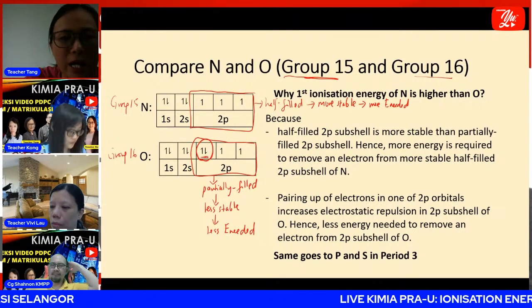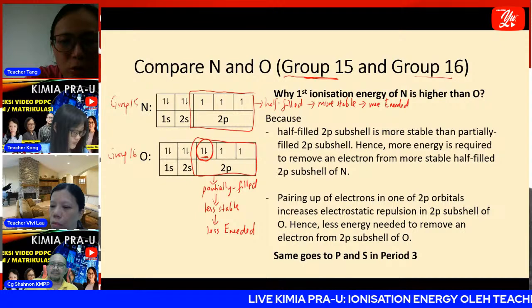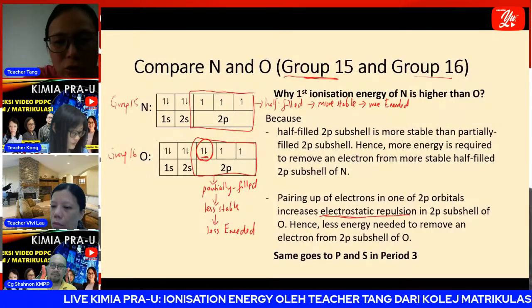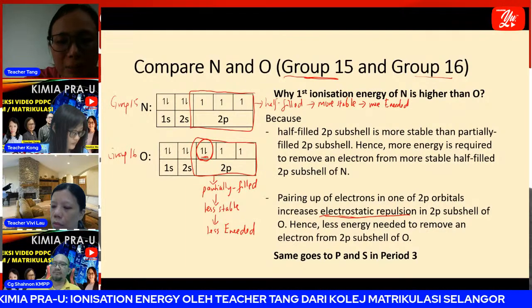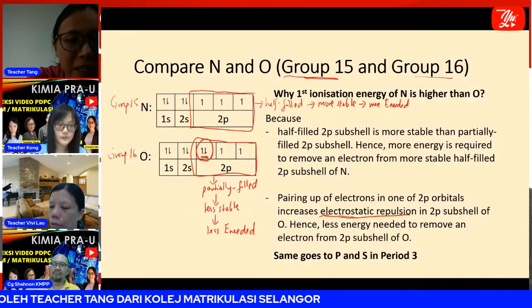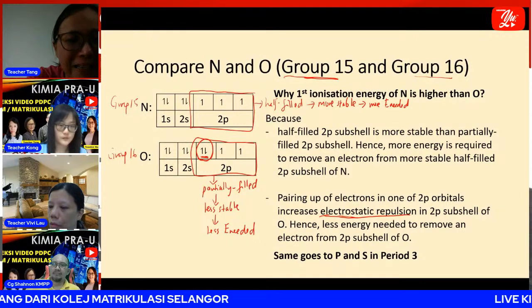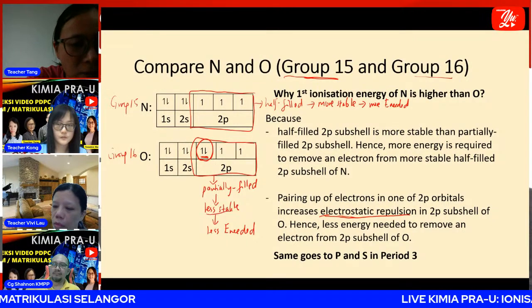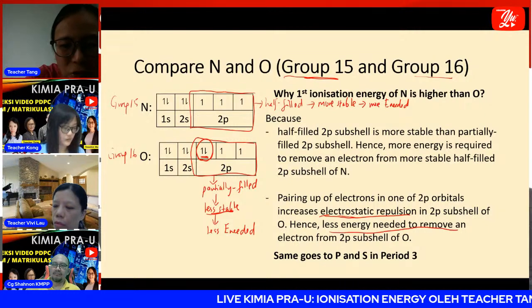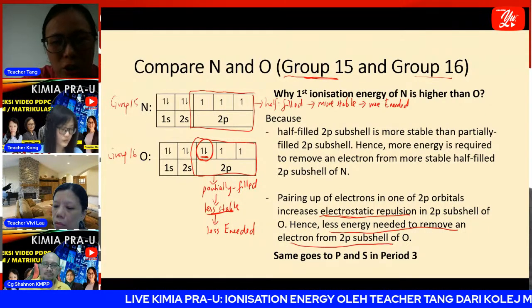Electron pairing increases the electrostatic repulsion, the electron-electron repulsion, in the 2p subshell. When the electron-electron repulsion in the 2p subshell increases, it means that it is now less stable. If it is less stable, less energy is needed to remove an electron from the 2p subshell of oxygen.